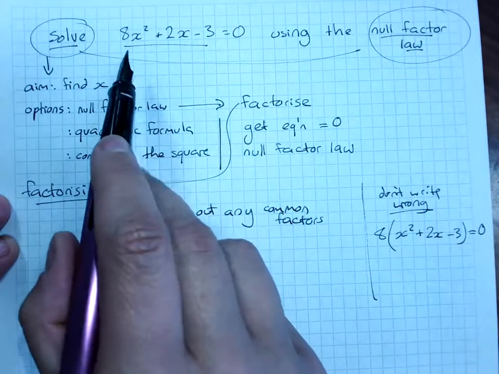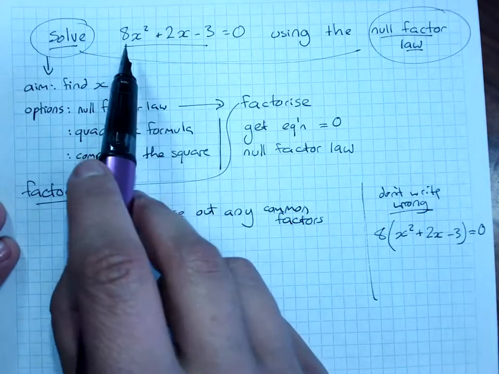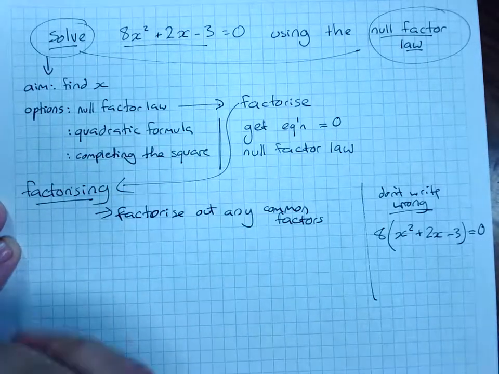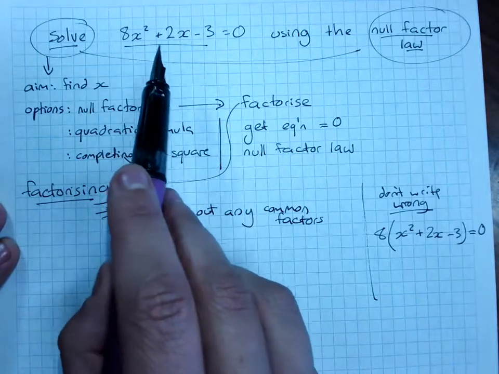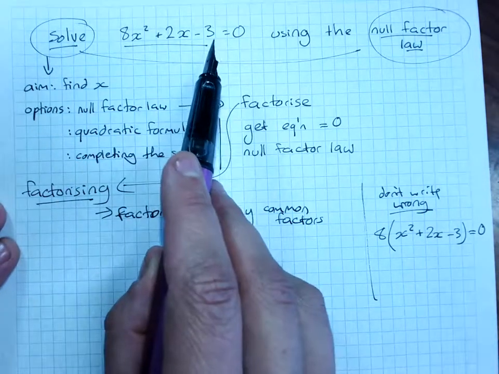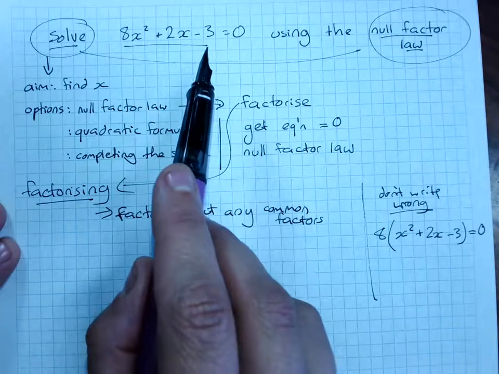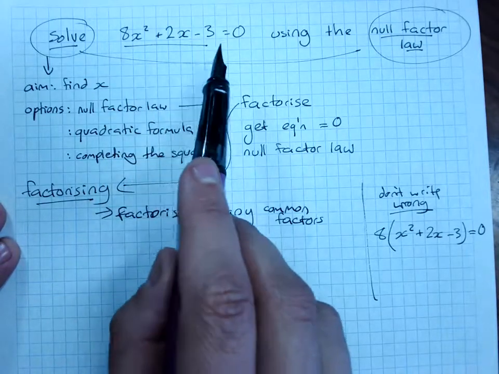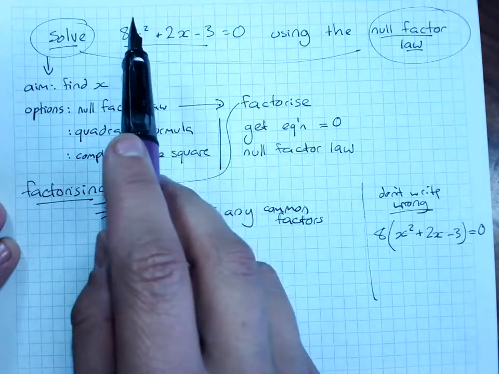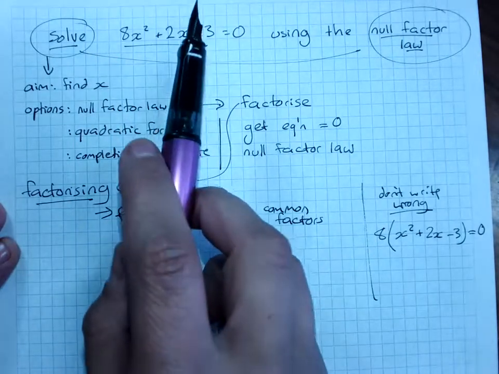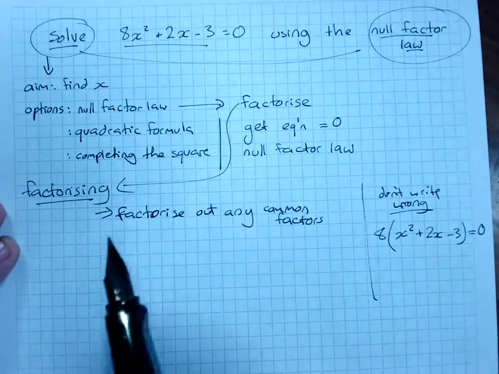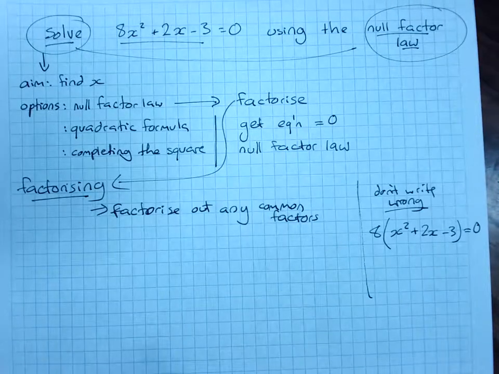So you would check, is there any number that goes evenly into 8, 2 and negative 3, and there's not. If we had 8, 12 and 6, then sure, we could work out that 2 goes into each of them, and we would divide each term by 2 and take that out the front. But there is no common factor here, so we can't change that.